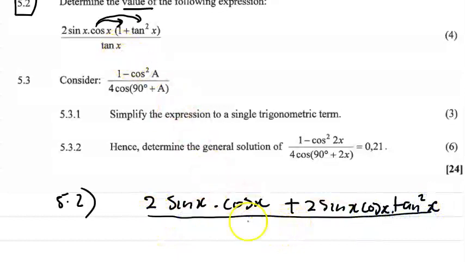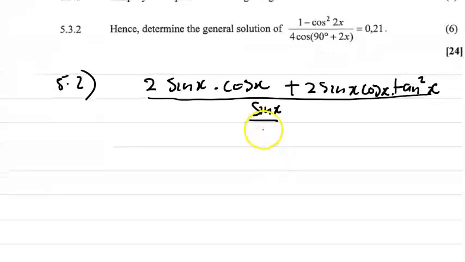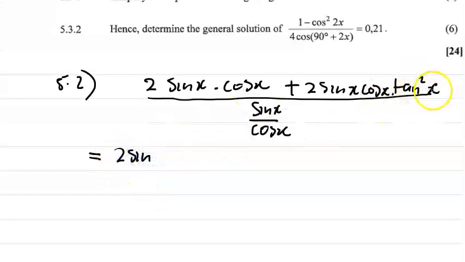Now, whenever we have tan x, it's advisable for us to write it as sine x over cos x. So let's write that down, sine x over cos x. As you can see here, you have tan squared x. The tan squared x, once again, we want to write as sine squared x over cos squared x.